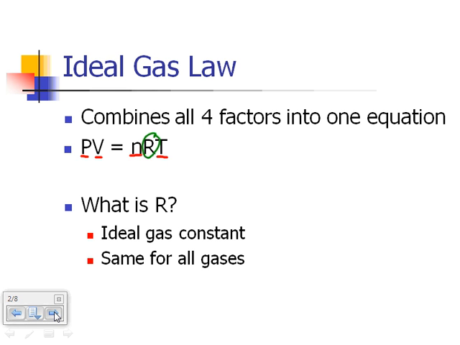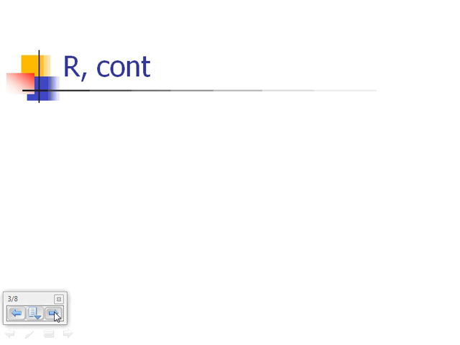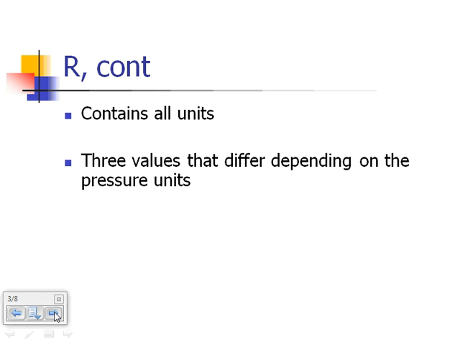It contains all the units, so it doesn't just have one unit like temperature is Kelvin, or pressure could be atmospheres. This R value contains all the units, and we'll see why that is, basically because all those units are going to cancel out in the end.